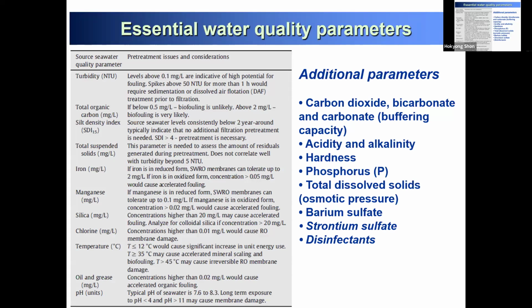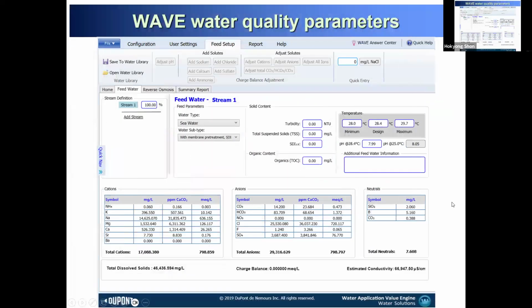Also temperature, we just take a very average temperature. Look at your yearly seawater temperature range, and how this can be better designed. Those are the essential water quality parameters you can consider for your seawater desalination design.